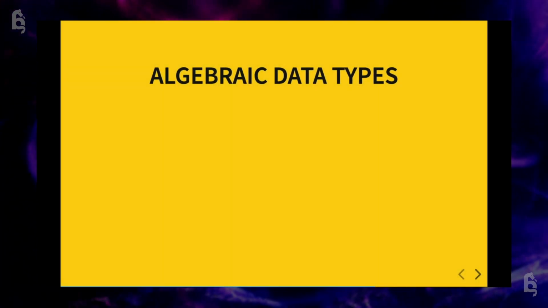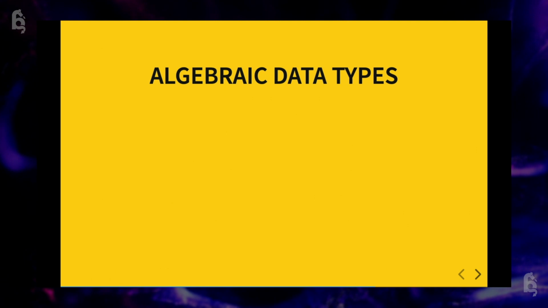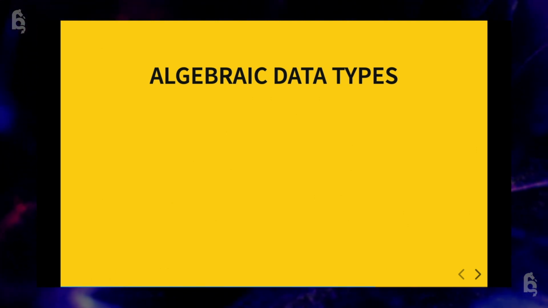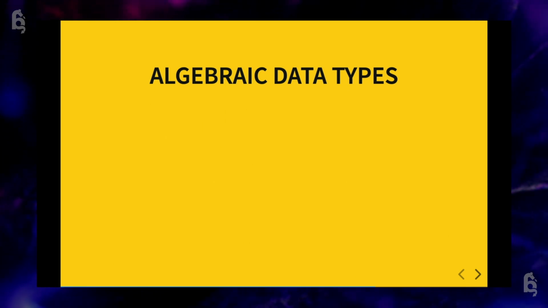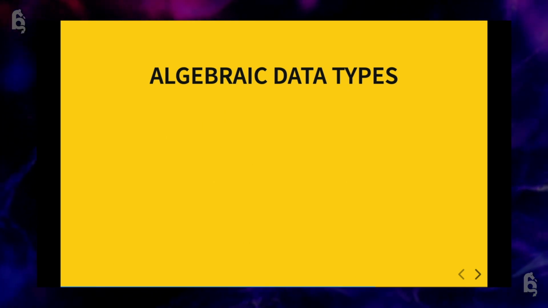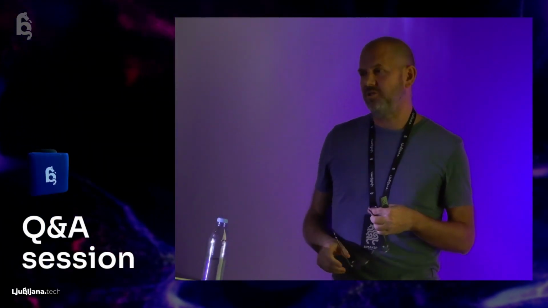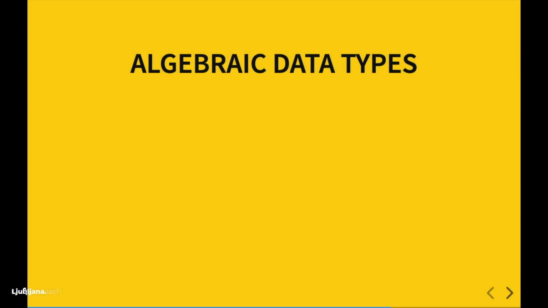The second important property of functional programming languages is algebraic data types. I have to say algebraic data types are not tied together with functional programming languages. They are not a must, right? But they usually come with functional programming languages.